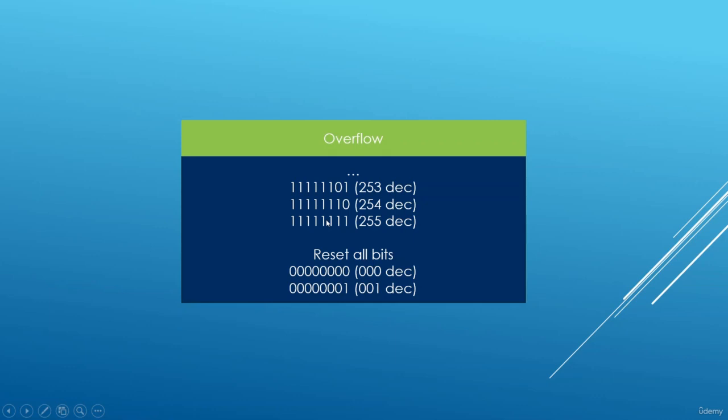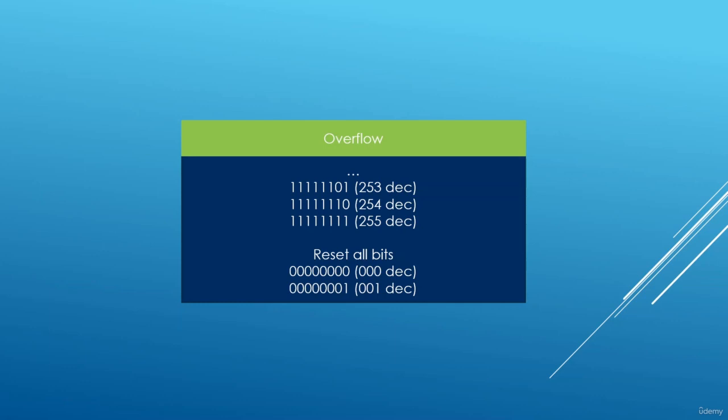Here we have a mapping between binary and decimal for the values we store in. And we can see that as we grow and hit 255, whose binary representation is all ones, and if we try to increment this, the computer circuitry is going to flip off all the bits and we're going to get to a 0. If we keep incrementing, we're going to start the cycle again and go from 0 all the way to 255. And if we keep incrementing, the cycle is going to go on again.